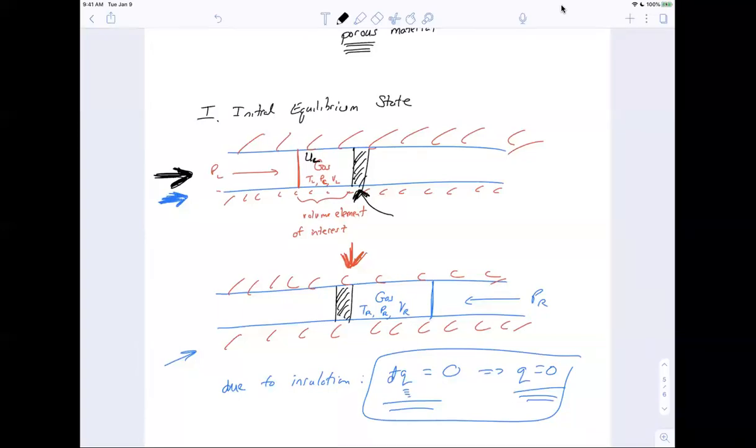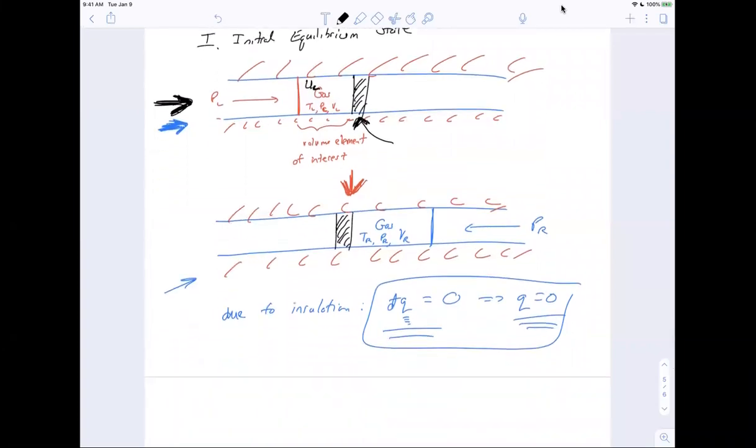Okay. Now, as we follow this plug, let's assume it goes through, and all of that volume that was initially there, or that mass that's associated with that volume, has gone through the porous material. At the end of the experiment, we have gas on the right side, and we have a temperature right, pressure right, volume right, and this volume on the other side will definitely be different than the volume on the left side.